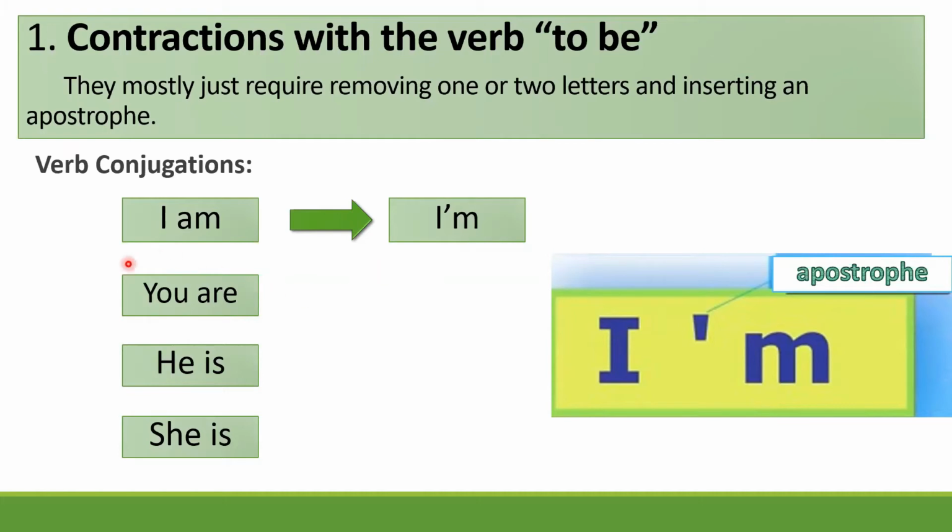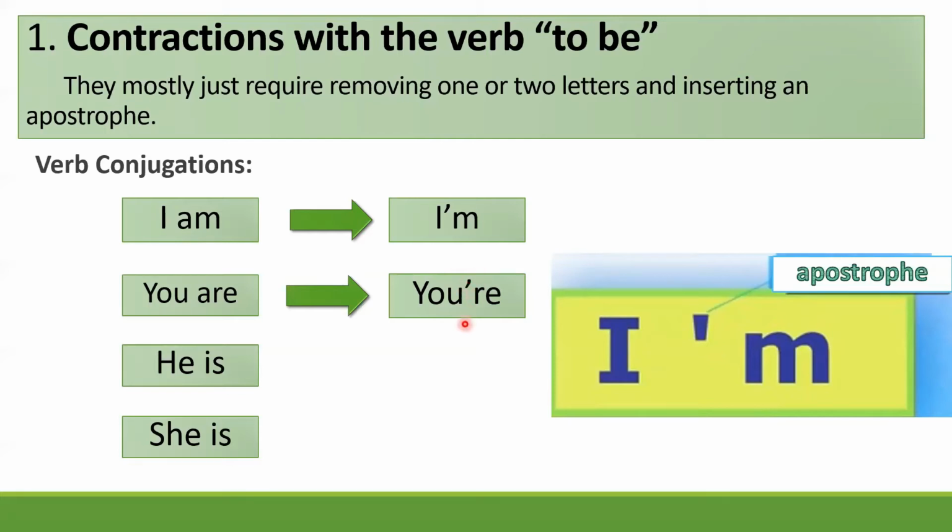And now let's try to form contractions for the rest of the phrases. Are you ready? The next phrase we have is you are. What do you think it will become? We cross out letter A and replace it with an apostrophe, so it will become you're.